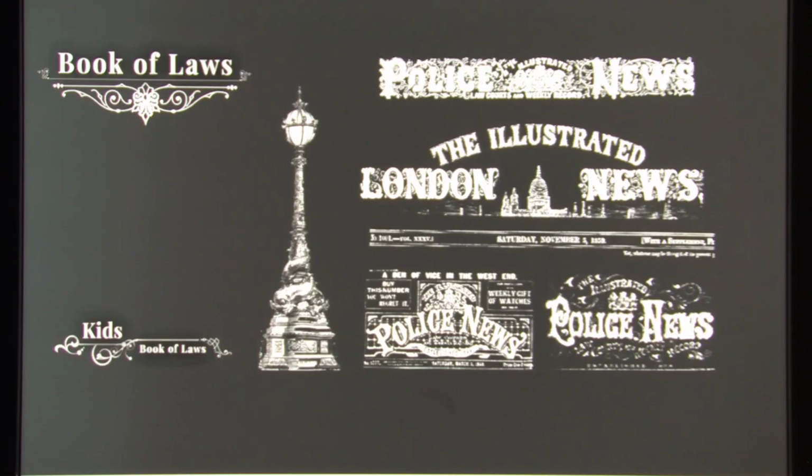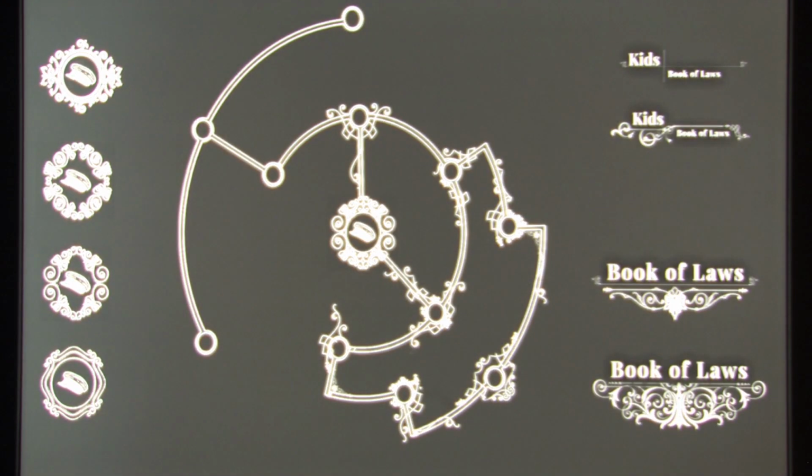So we started with research of Victorian newspapers, and it fit our main UI. On the other hand, it looks so unique for the Book of Laws. Yeah, so this is the first look of how it looked in the beginning.